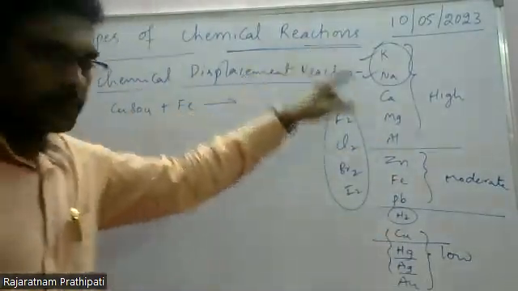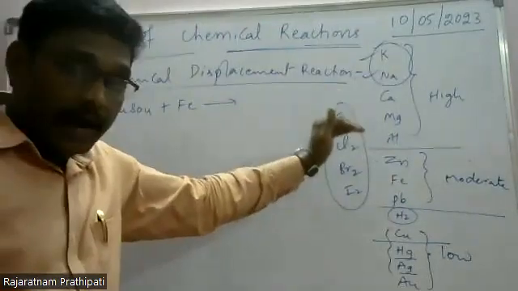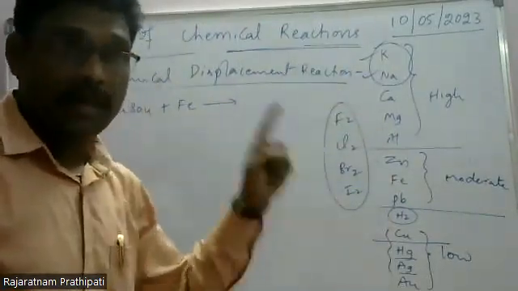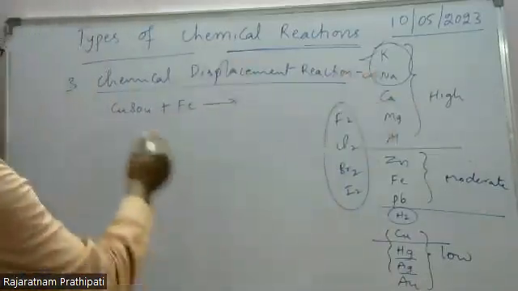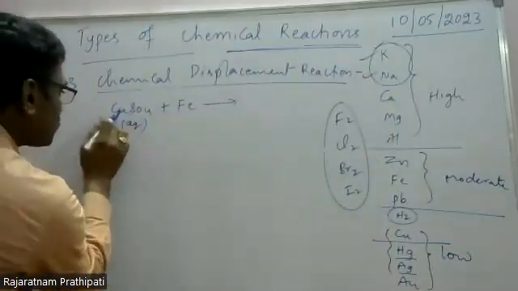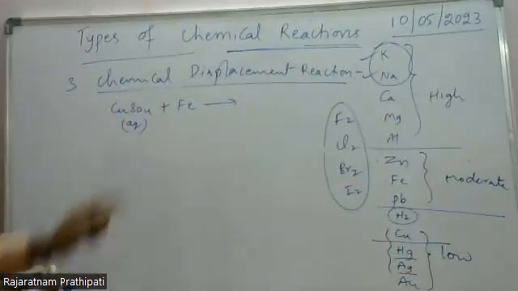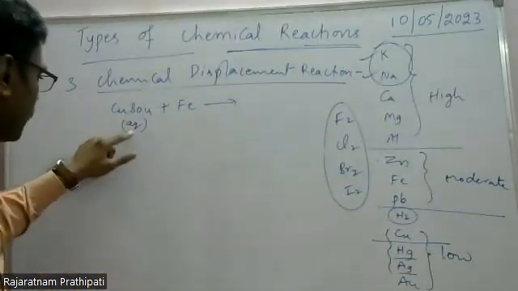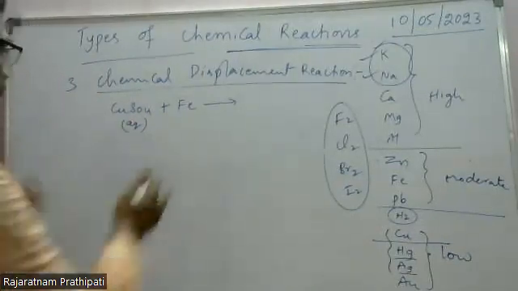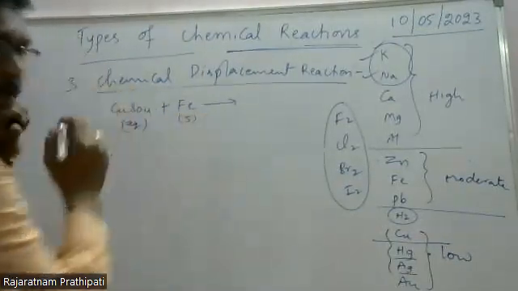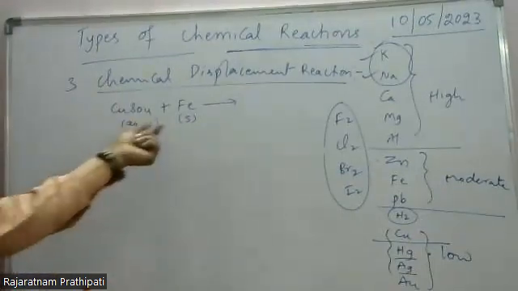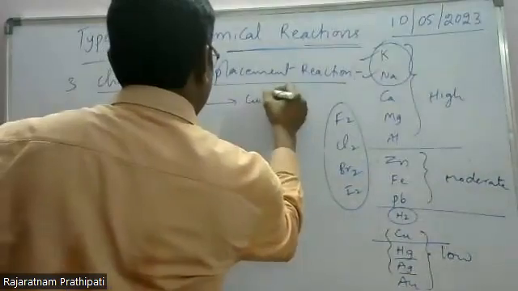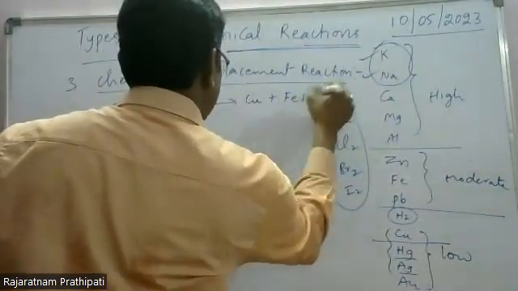Displacement reactions mean high reactive metals displace low reactive metals from their aqueous salt solutions. Aqueous salt means the salt which is dissolved in water, and you get salt aqueous solutions. Here iron is solid. Iron can displace copper and you get copper plus iron sulfate.